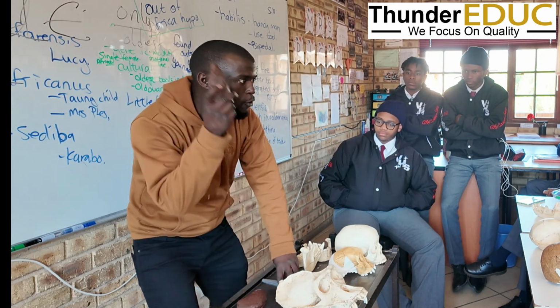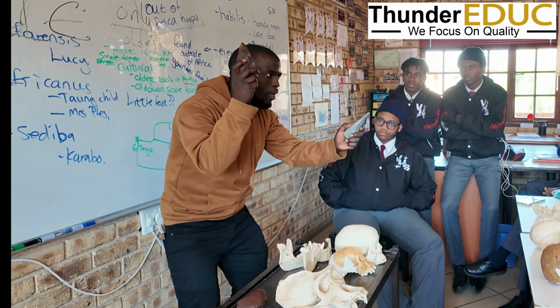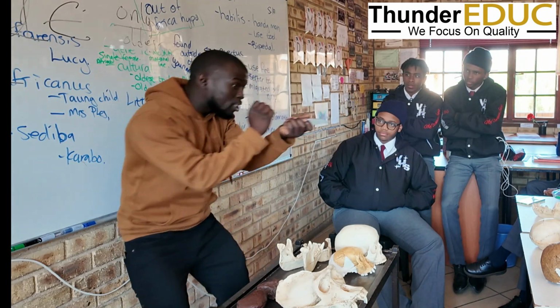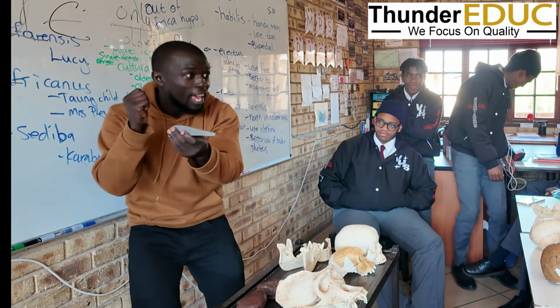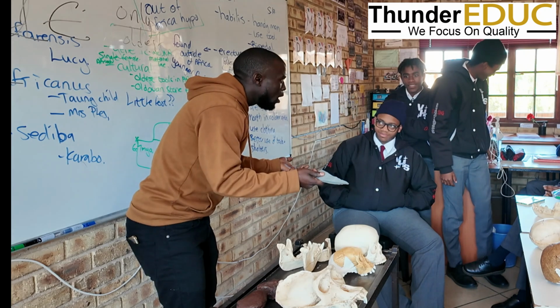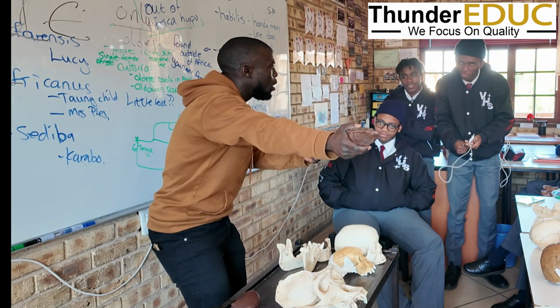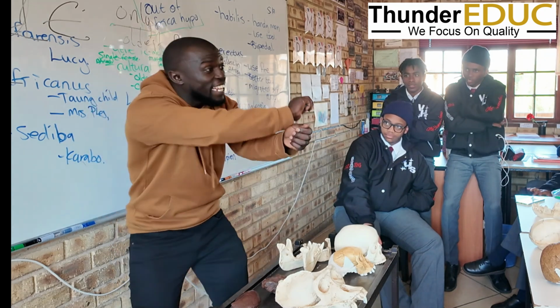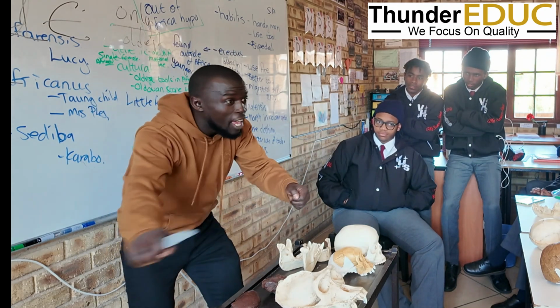What about from here to here? Spear, Shaka Zulu! You think Shaka Zulus were using this? I don't think so. They're using this. They can put a spear. They can cut the meat.